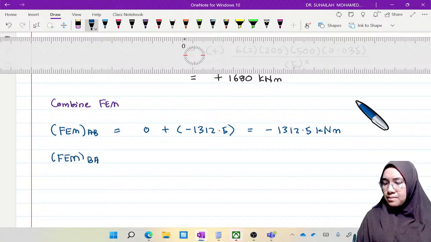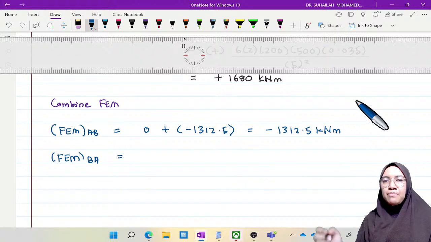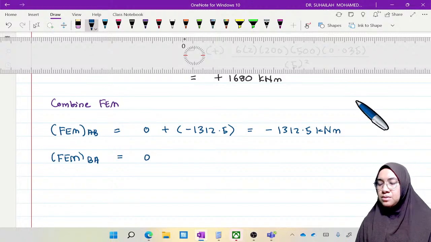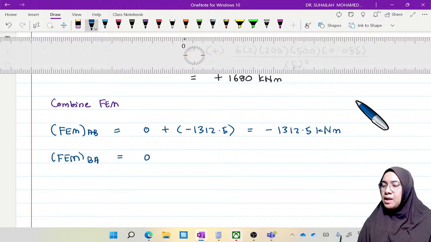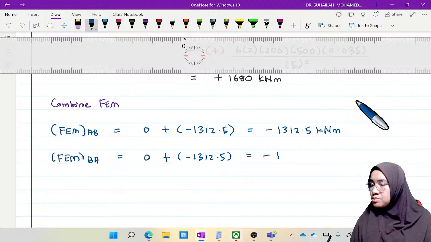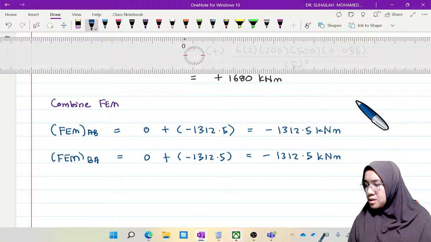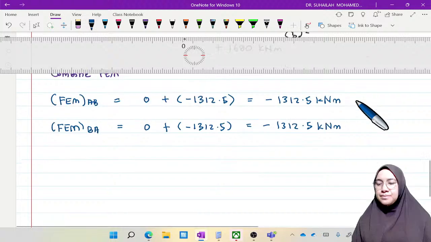FEM BA from external loading is 0, and BA also gets the same, negative 1312.5 kilonewton meter.